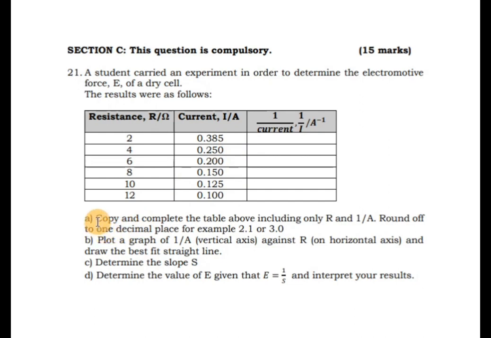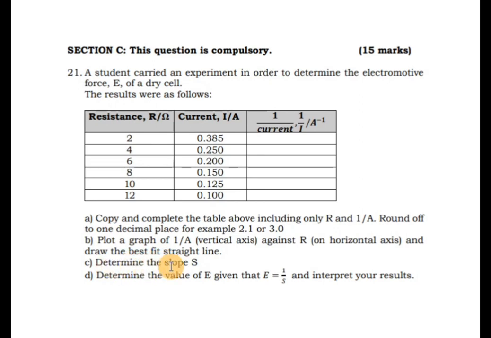The first question: copy and complete the table below. Include only resistance and the current as the unit of ampere. Round off to one decimal place, for example 2.1 and 3.0. Next question: plot a graph of 1 divided by I on the vertical axis against R on the horizontal axis and draw the best fit line.